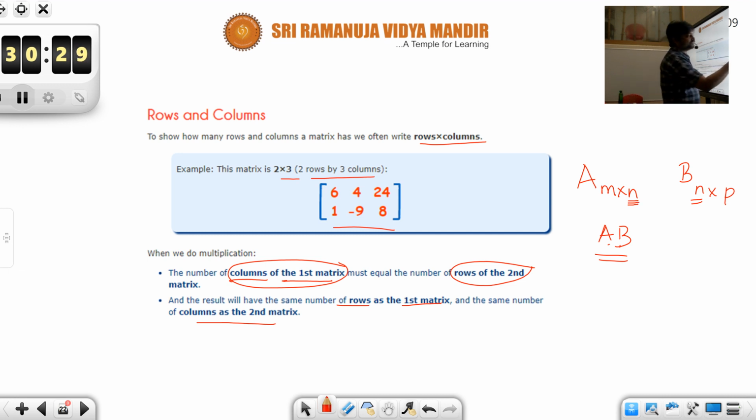So if the number of columns of the first matrix matches the number of rows of the second matrix, you can perform multiplication, and the result will be of the order: the number of rows of the first matrix by the number of columns of the second matrix. This is how you get the order of the resultant.